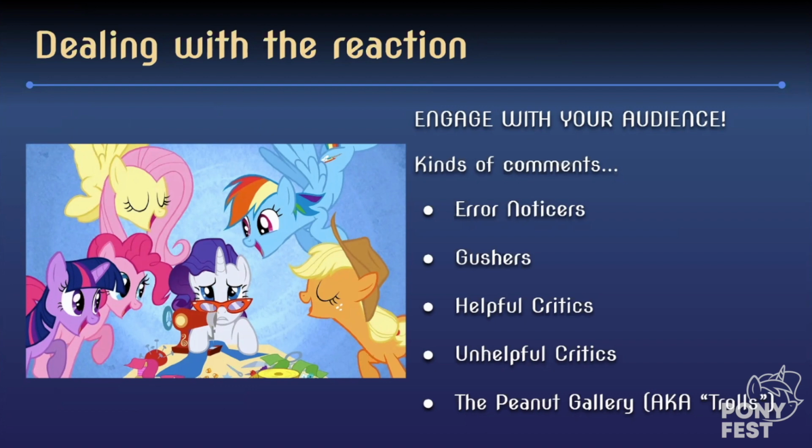The error noticers are the ones you want to respond to immediately. When someone says, oh, you misspelled this word, or you forgot this period here, you want to immediately go back and fix that, and then leave them a message saying thanks, I fixed it. Thank them so that they stay on your stories. Because it's really useful that people are noticing your errors and basically proofreading after the fact for you.